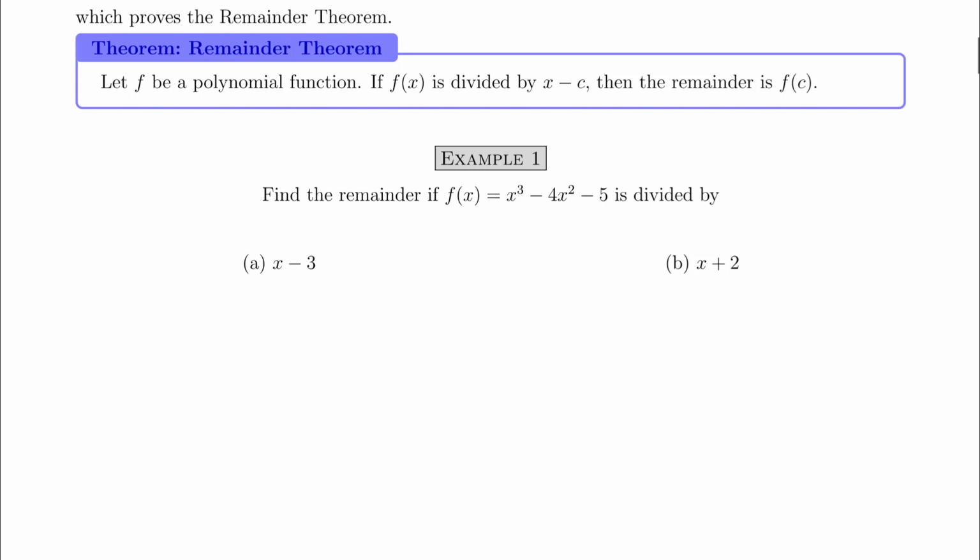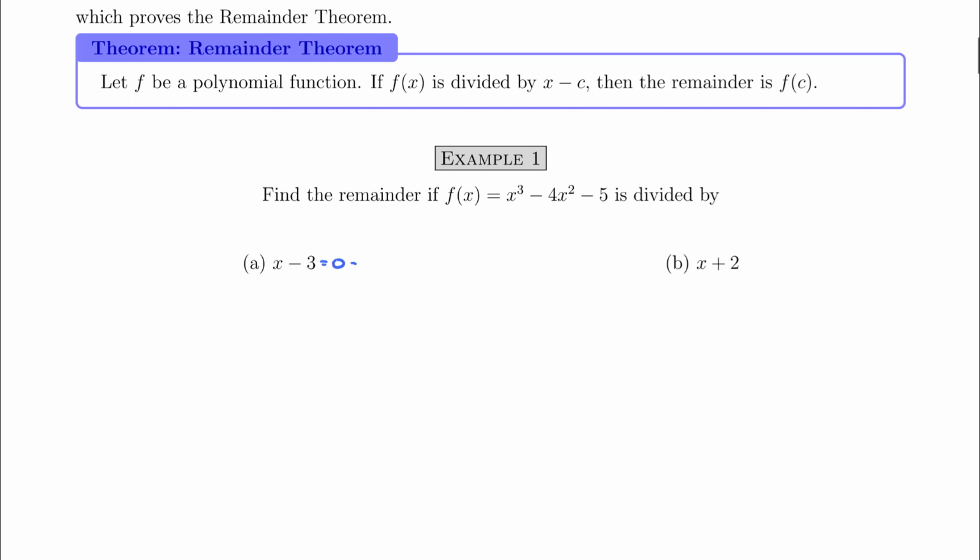And I'm going to show that to you here with example 1. We have the polynomial x cubed minus 4x squared minus 5. If I were to divide that polynomial by x minus 3, what would the remainder be? The way we do that is by using the remainder theorem. We simply take this linear factor and we solve it for x.